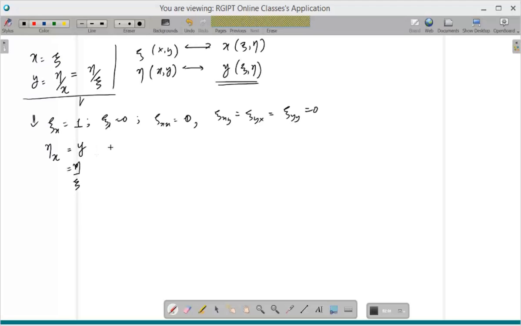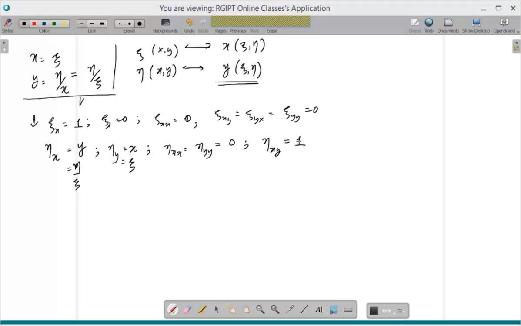And eta y equals x, which is the same as zeta. Eta xx and eta yy are both zeros, and eta xy is equal to 1.